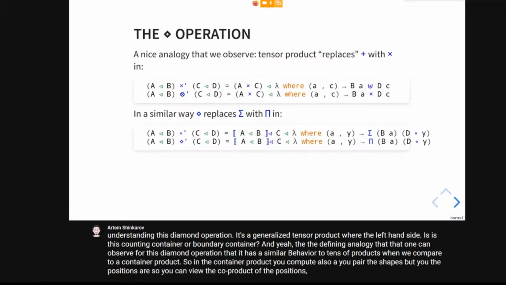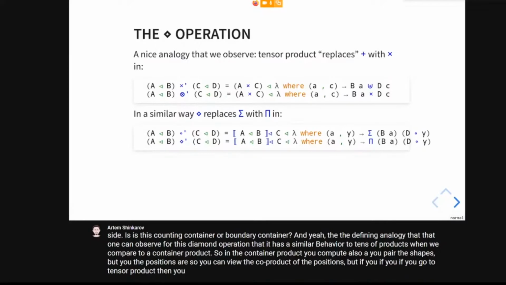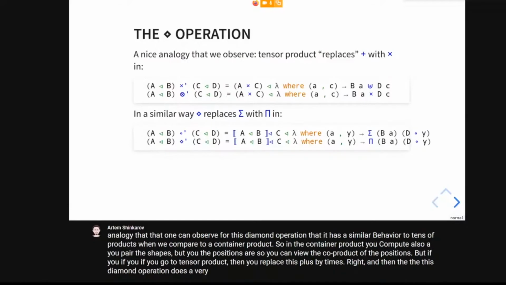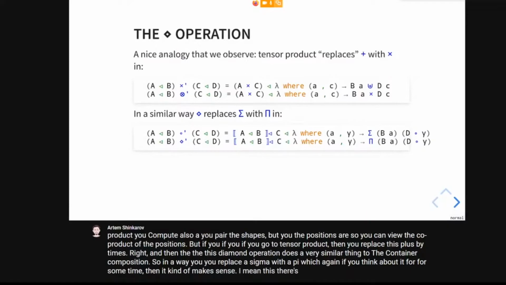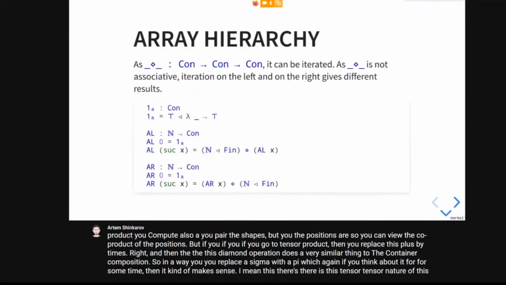But if you go to tensor product, then you replace this plus by times, right? And then this diamond operation does a very similar thing to the container composition. So in a way, you replace a sigma with a pi, which, again, if you think about it for some time, then it kind of makes sense. I mean, there's this tensor nature of this diamond operation.